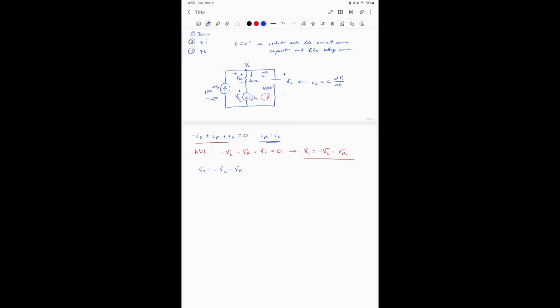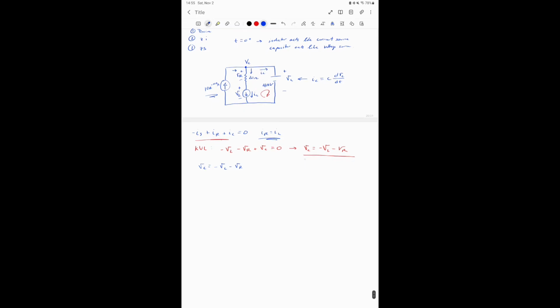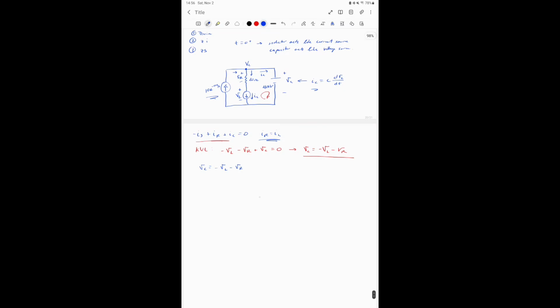So we know that our IL is equal to our IR, right? We also know that this right here is our general equation for KCL. So what we can do is we can plug in a couple values. You've got negative IS. Well, actually, let's solve this in terms of IL, because that's the one we don't know, right? We want everything in terms of IC. We don't have everything else.